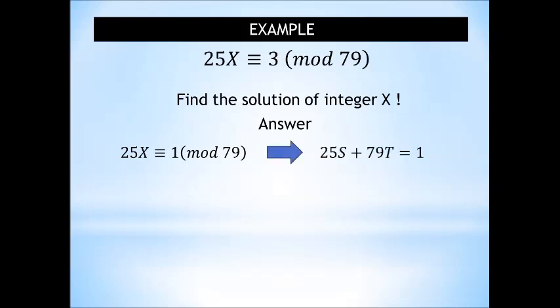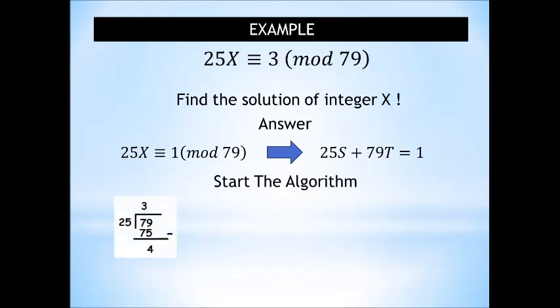So we can write this as 25s plus 79t equals 1. Now we start the algorithm. We divide 79 by 25 first, and it gives 3, and the remainder is 4. We can write this as 4 equals 79 minus 3 times 25 as the first equation.